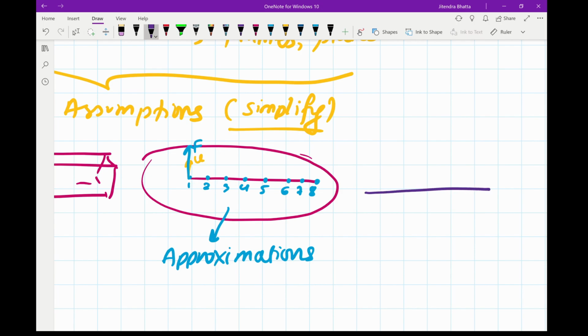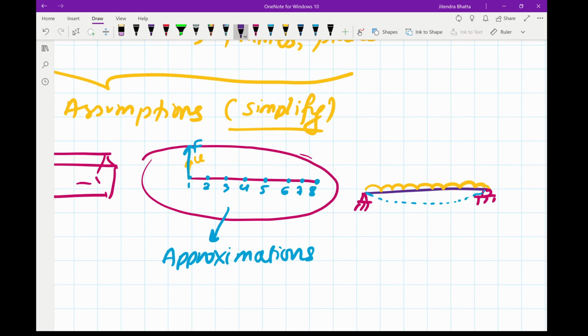If you have a beam like this and you have a load which is a UDL going like this, and let's say this is hinged and this is a roller, then this beam will deflect like this. Let's say this is the exact solution that you're looking for.